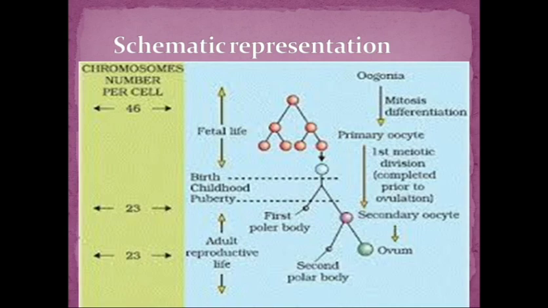Now the division of the secondary oocyte, or meiosis 2, will be completed only after fertilization, only after the entry of the sperm into the ovum. Then only the secondary oocyte completes its meiotic division.